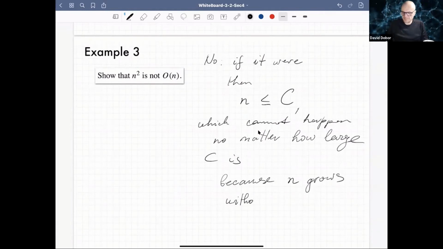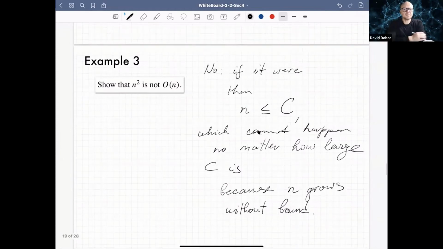Does that make sense? That's exactly the reason. Again, it's a proof by contradiction, but this time, now that we've written it out, it was quicker, right? Make sense?